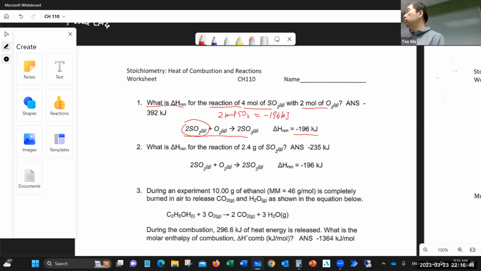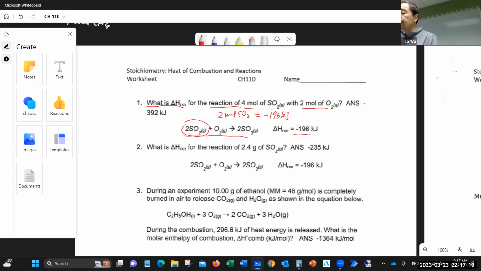It's not 1 mole, it's not 4 moles, it's 2 moles. This is the important part. You need to find out how many moles of SO2 we need to produce the heat that is given. It's not 1 mole, not 4 moles, not 3 moles, it's 2 moles. This is coming from these equations.